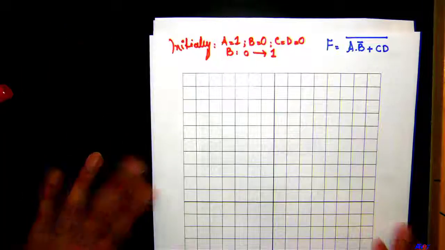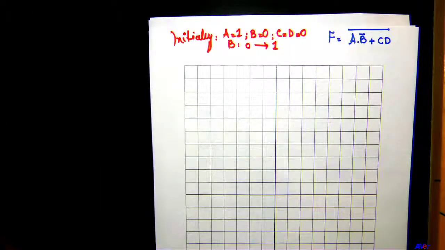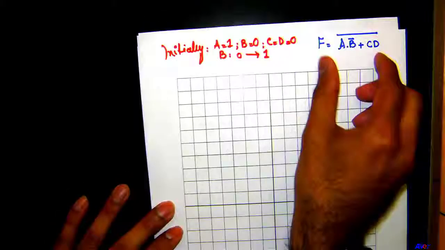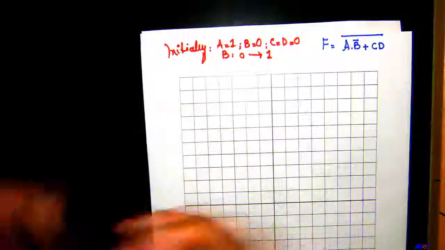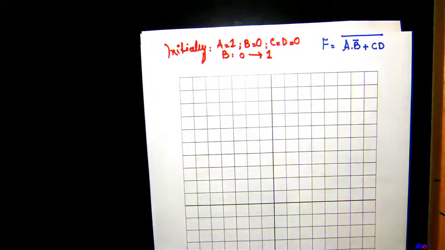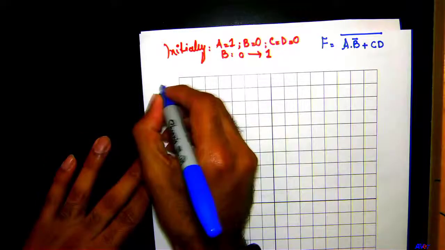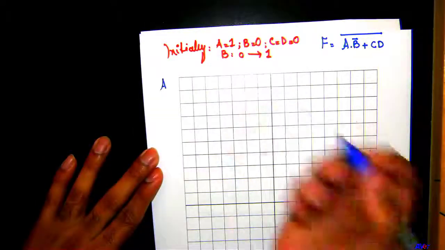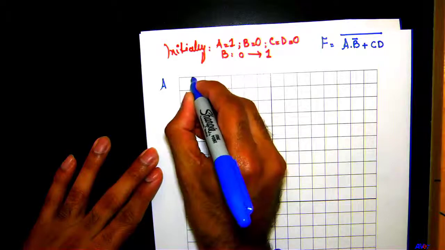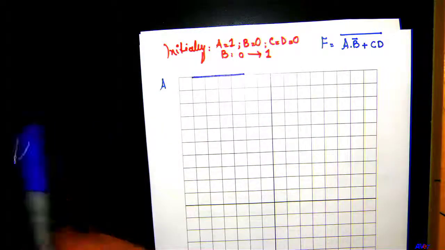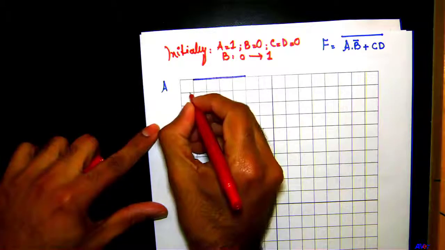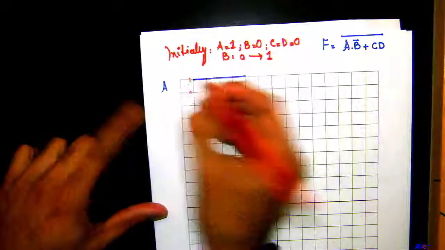All right, so we are going to create a timing waveform looking at this expression right here. We'll try to come up with the timing waveform for the initial values first. We know A is initially set to 1, so it's 1. On the x-axis you have time, in nanoseconds. Remember, you have 0 logic here and then you have 1 here, correct?